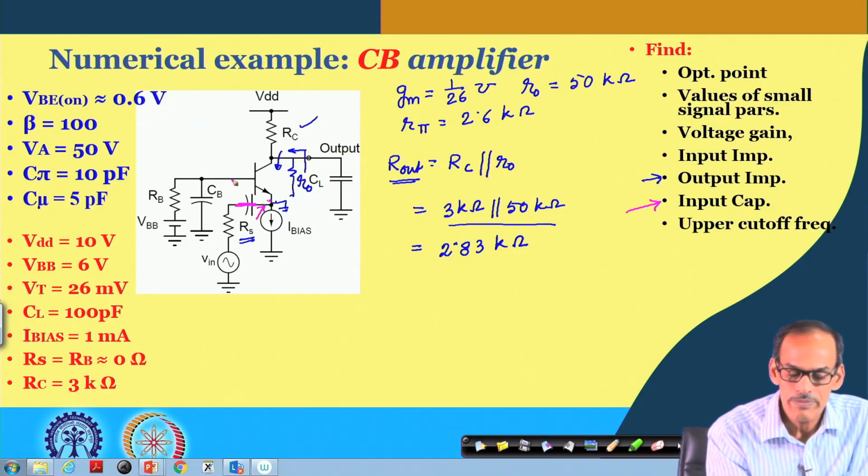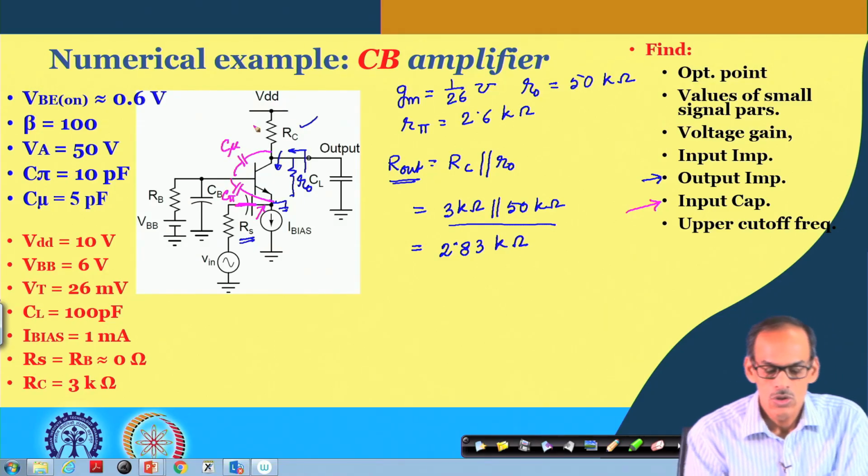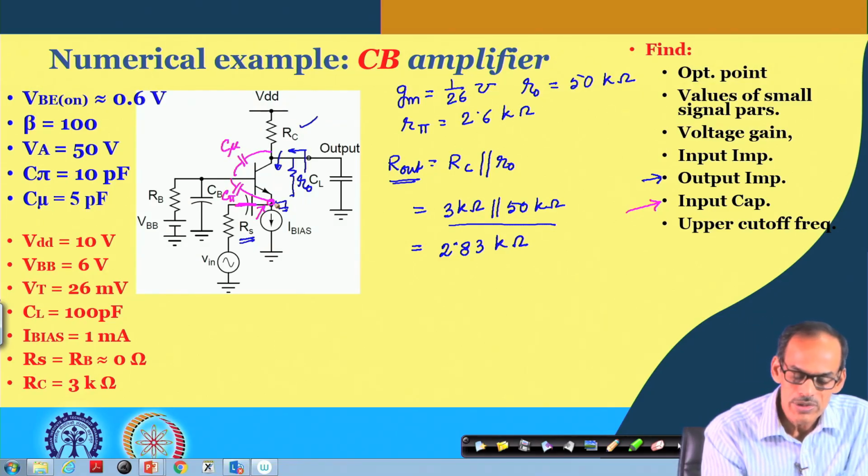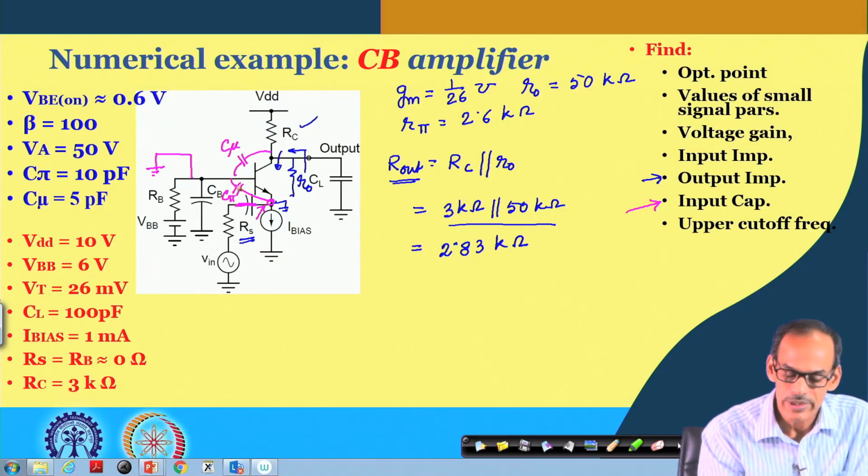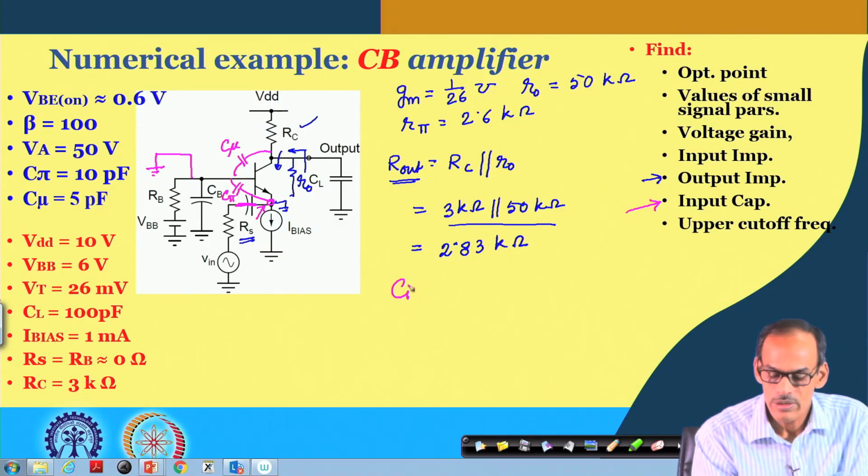Now, emitter to base we have C pi, and base to collector we have C mu coming out of the device. If you look into the emitter, and since the base node is AC ground, the input capacitance we will see here is only C pi.